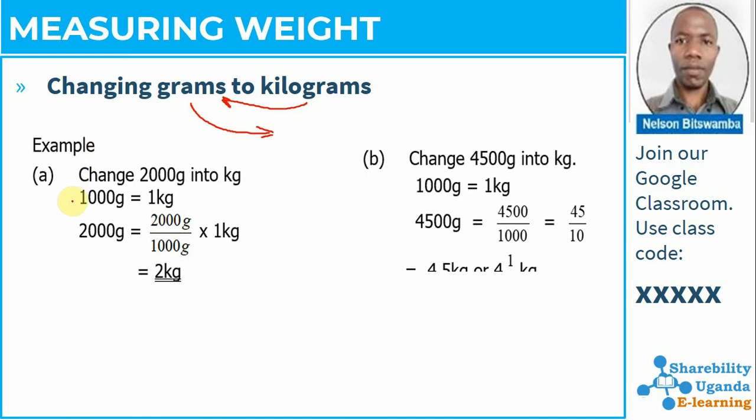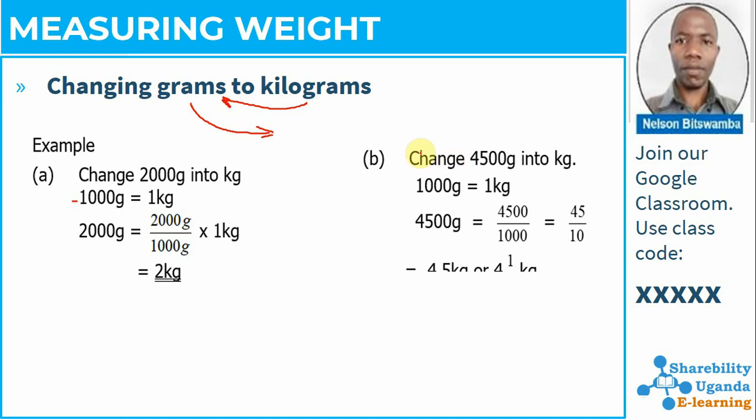Basing on our concept, 1000 grams is the same as 1 kilogram. So we take our 2000 grams, which has been given here, and divide it by 1000. When we divide it by 1000, we come up with 2 kilograms.